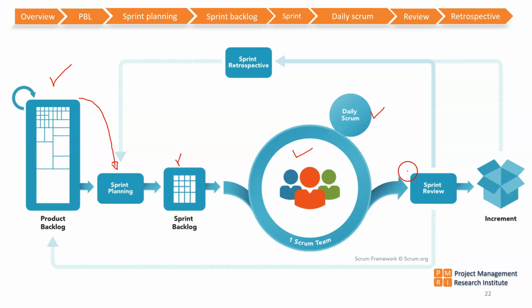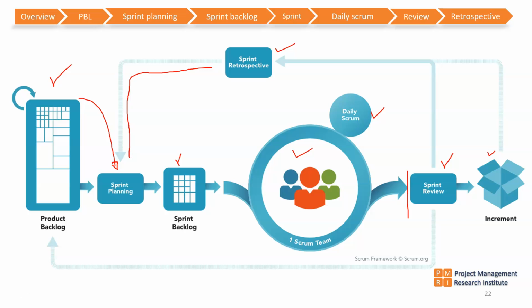And then after the sprint duration, there is a formal sprint review. The increment of the product is ready, and then there is a sprint retrospective meeting where we discuss what all things we did right and wrong, and all those learnings get incorporated into the subsequent sprint.